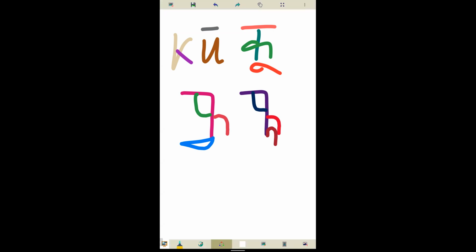Please note down. And another variant, ka, with what you do, you can just make a little round here and then have a horizontal line in the bottom towards the left. So this is also long ku. Okay.